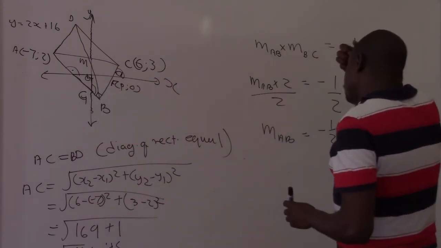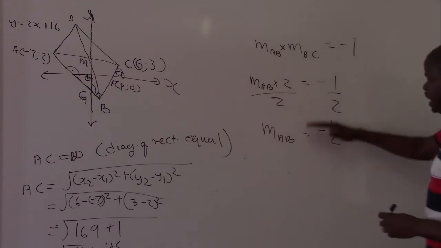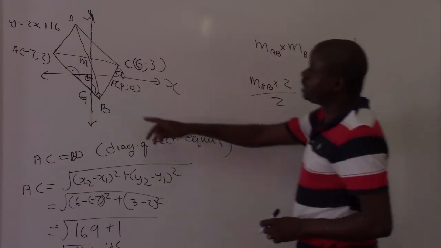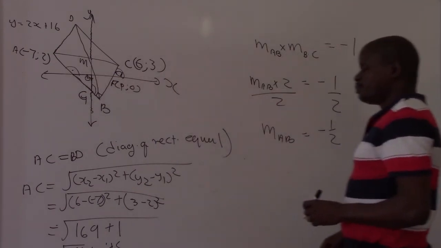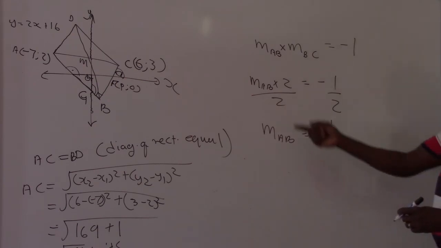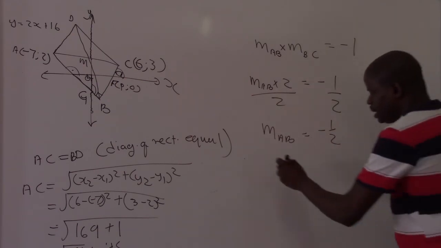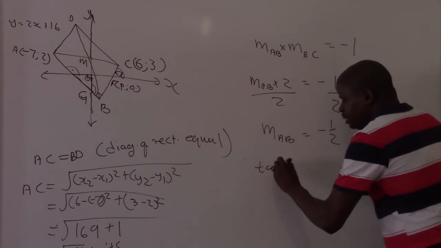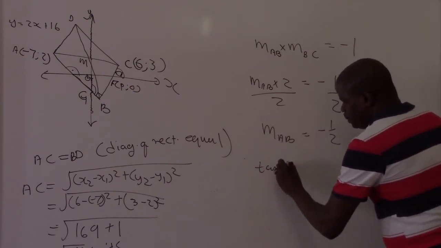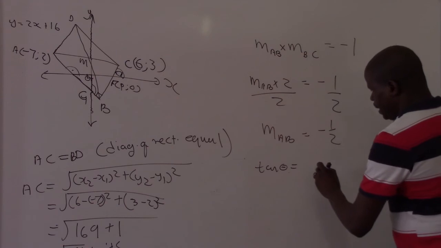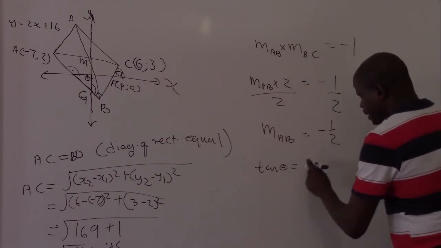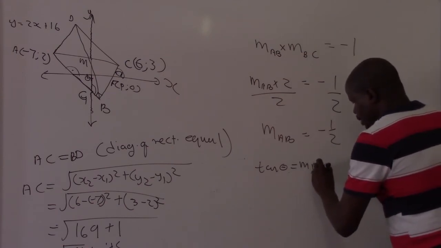The gradient will give us the inclination, that angle. So we say the tan of that angle is given by this gradient, which is the gradient of AB.